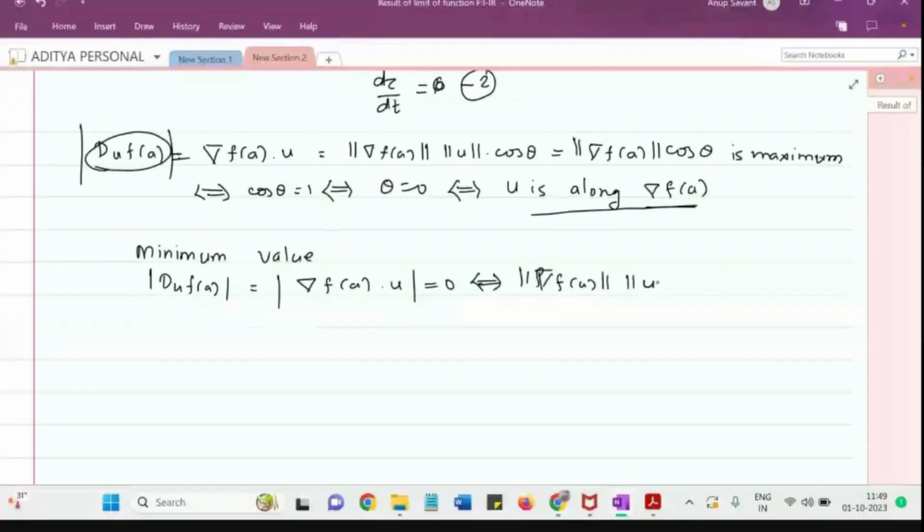This will be 0 if and only if cos theta is 0, since norm of grad f of A is nonzero. Cos theta will be 0 if and only if theta is equal to pi by 2.